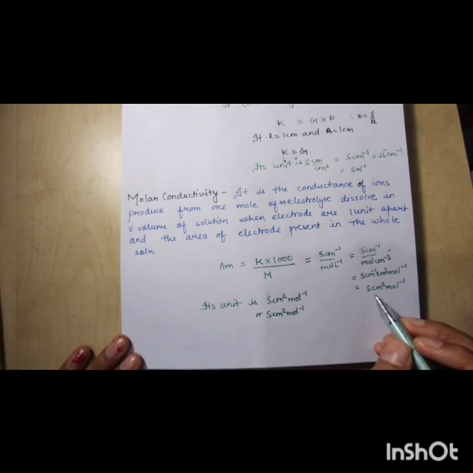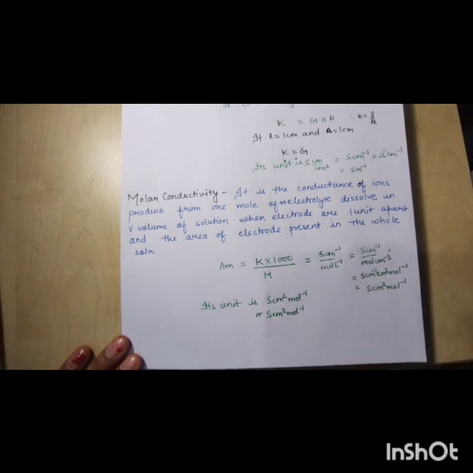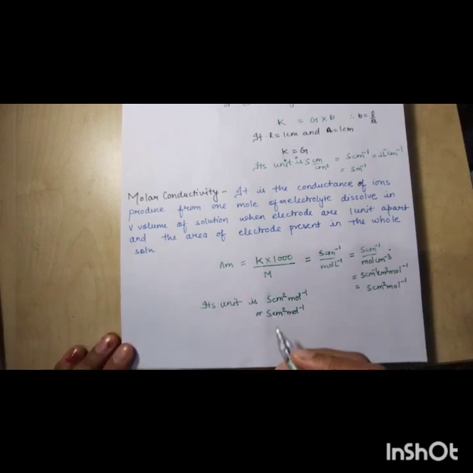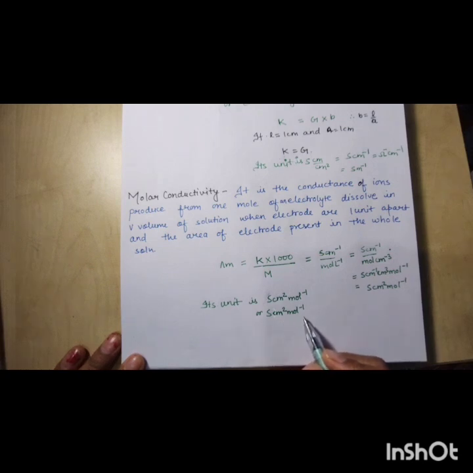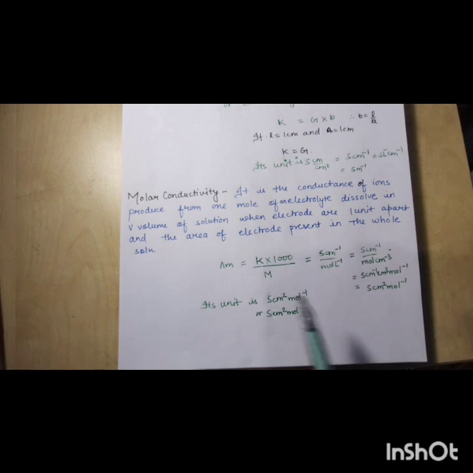After this it becomes Siemens centimeter square mole inverse. This is the unit of molar conductivity. So the unit of molar conductivity is Siemens centimeter square mole inverse. So this is the molar conductivity of the solution.